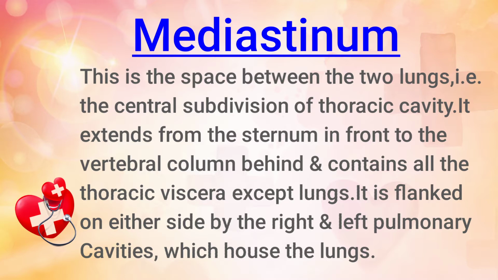It extends from the sternum in front to the vertebral column behind and contains all the thoracic viscera except lungs. It is flanked on either side by the right and left pulmonary cavities, which house the lungs.